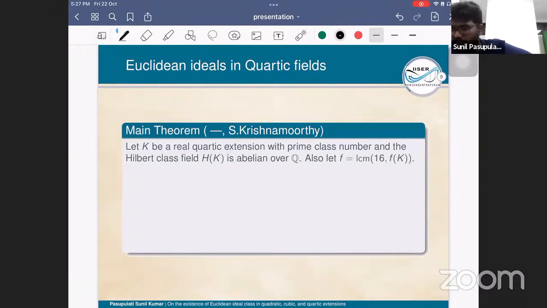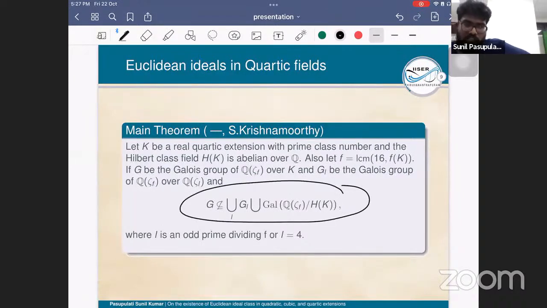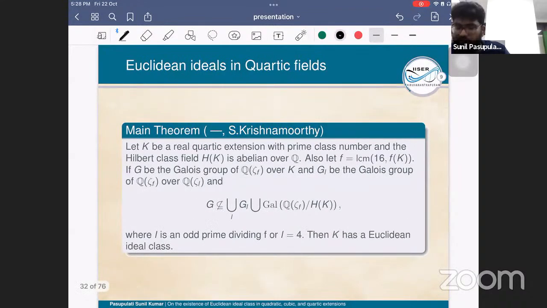You will see why F is this. Let G be the Galois group of Q(zeta_F) over K, and G_l the Galois group of Q(zeta_F) over Q(zeta_l), and suppose G is not completely contained in the union of the G_l and Gal(Q(zeta_F)/H_K), where l is any odd prime dividing F, or l is equal to 4. Then we can say that K has a Euclidean ideal.